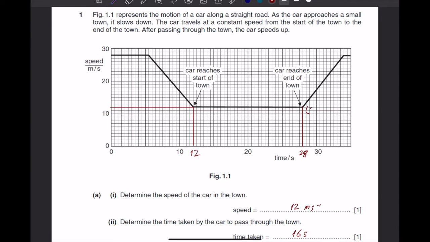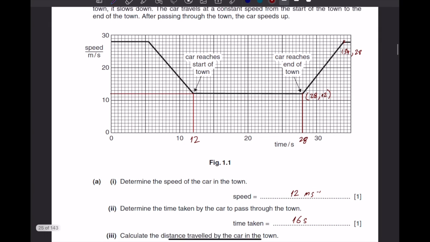This point is 28 and 12. The other point is 31, 32, 33, and 34. So the final time is 34, and the speed at the final time is 28.